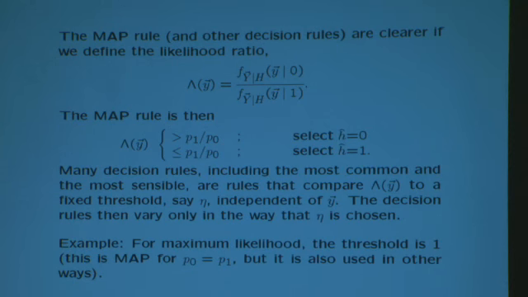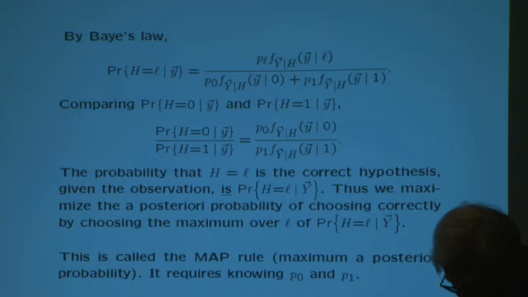And unfortunately, it's a convention that not everybody follows. If you want to use the other convention, just imagine switching 0 and 1 in your mind. They're both just binary numbers. So then, when you want to look at this MAP rule, the MAP rule is choosing the larger of these two things, which we had back here.